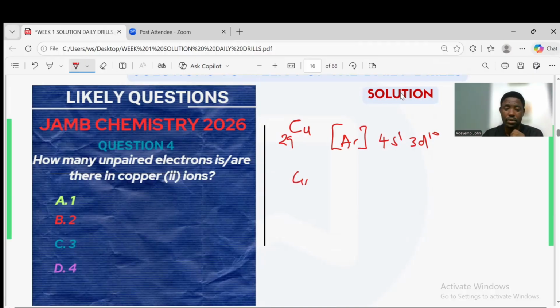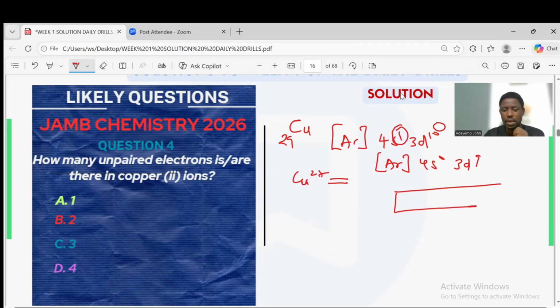But if it's now copper 2+, that means it has lost 2 electrons. So you lose 1 electron from here, and you lose another one from here. So it becomes argon 4s0 3d9. How do we fill 3d9? We have 5 degenerate orbitals, 1, 2, 3, 4, 5, filling singly first before pairing takes place.